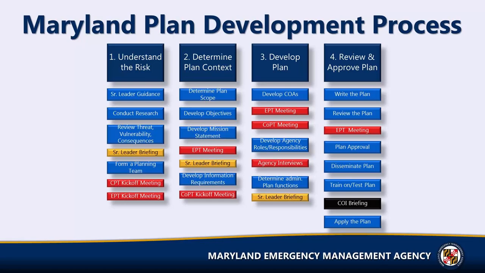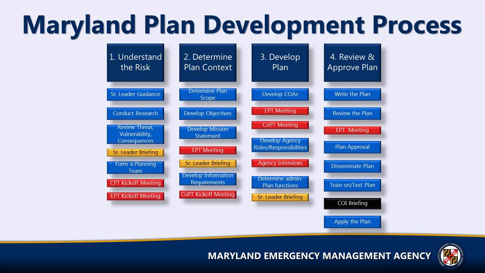The Maryland Plan Development process is comprised of 4 phases and a number of subsequent tasks that guide planners from project inception to completion. Phase 1 focuses on understanding the risk, conducting assessments of vulnerability, and establishing a planning team. Next, in Phase 2, planners determine the context of their plan, which includes developing the scope and the list of information needed to inform the planning process.